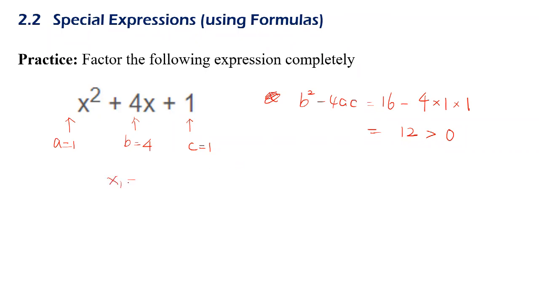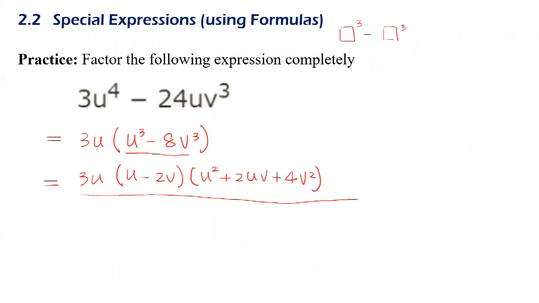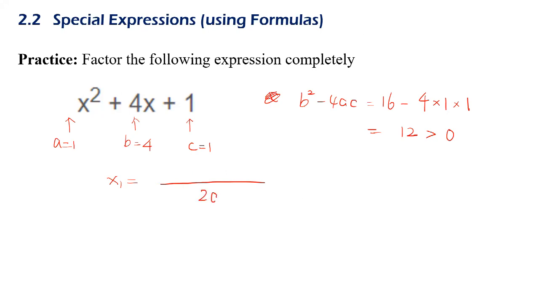So let's calculate x1, which is minus b plus the square root of b squared minus 4ac over 2a, where b squared minus 4ac is 12, right? And this equals minus 4 plus 2 square root of 3 over 2a, where a is actually 1, right?